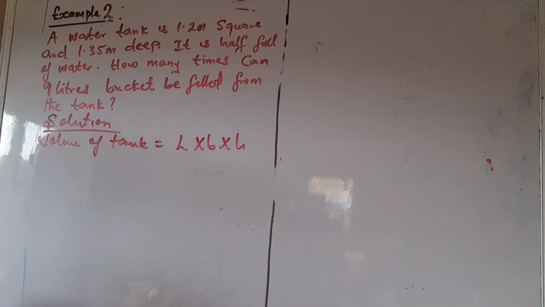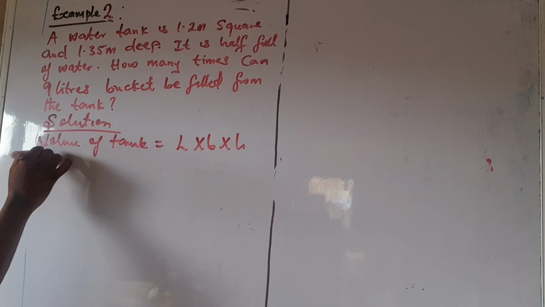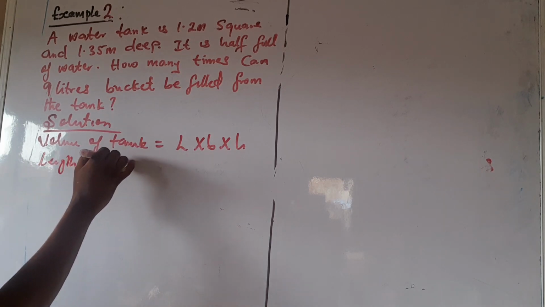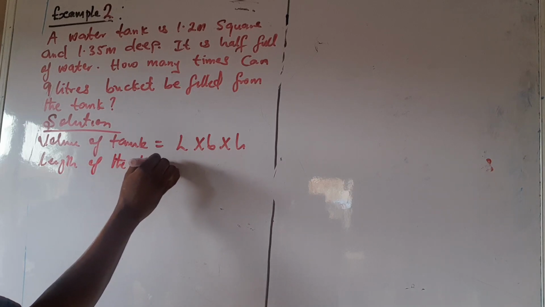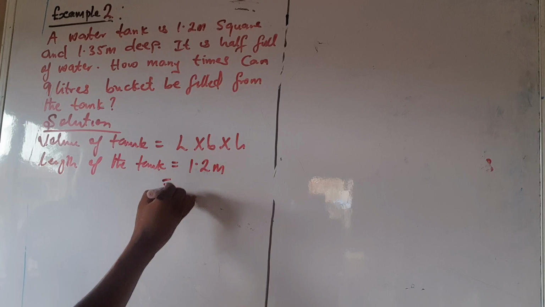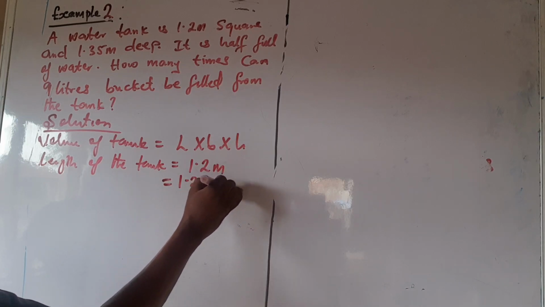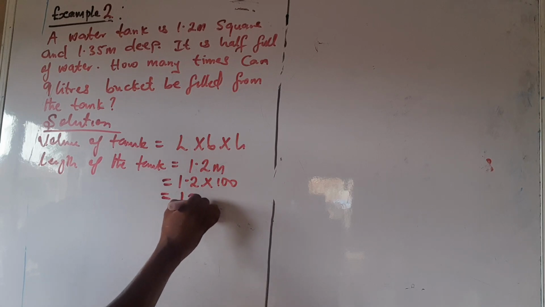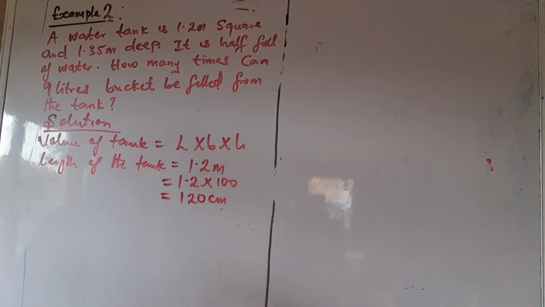Now from here we are given the length of the tank as 1.2 meter, and that will give us 1.2 times 100. We want to convert it to centimeter, so that will give us 120 centimeter.